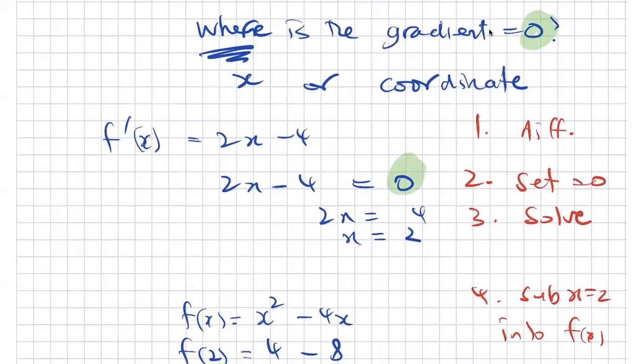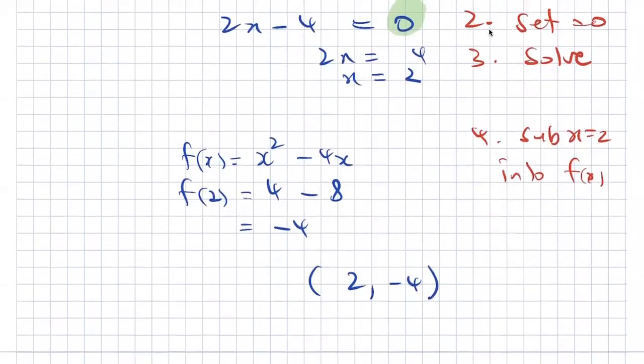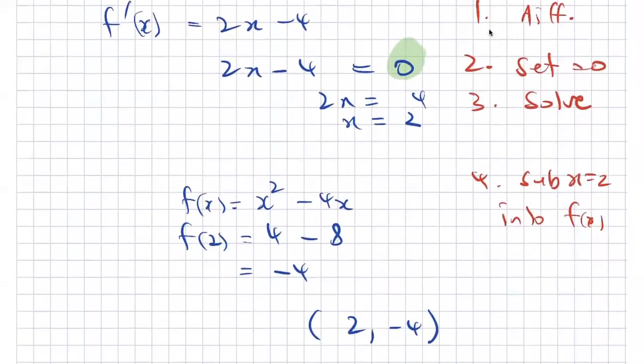If I wanted to work out when's the gradient 5, I put 5 in there. So I got 2x minus 4 is equal to 0. We set it equal to the gradient that we want, which is 0. We go ahead and solve it. I get x is equal to 2. So that's the x coordinate when the gradient is 0.